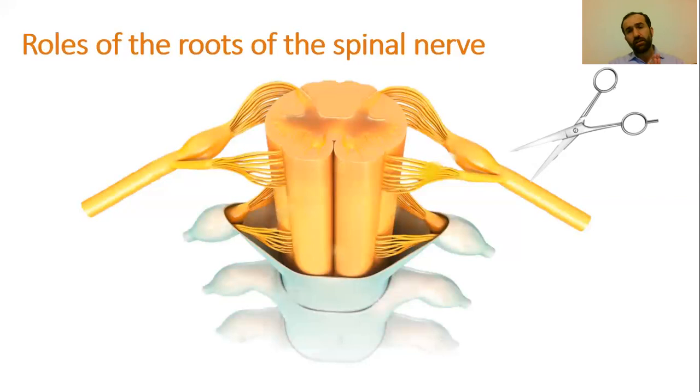We can make a cut on either the spinal nerve, the dorsal root, or the ventral root, and see what result we will obtain on the animal on which we are making this experiment.